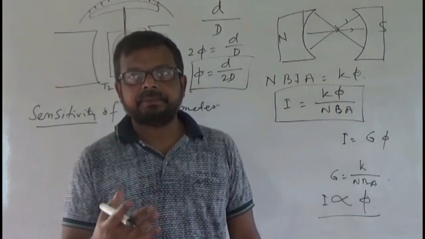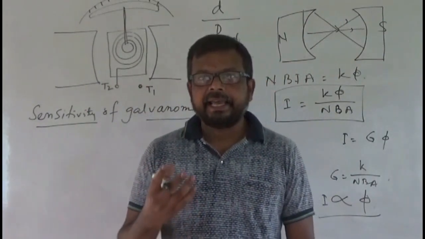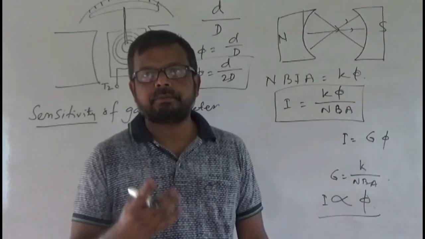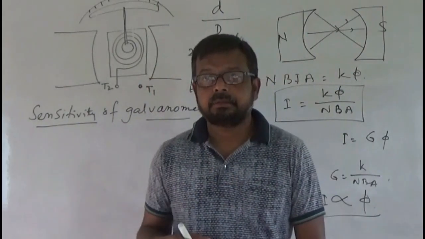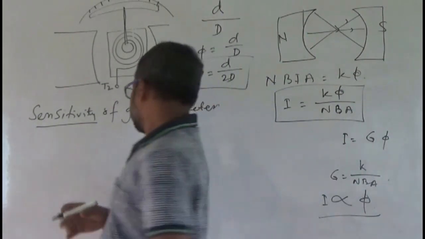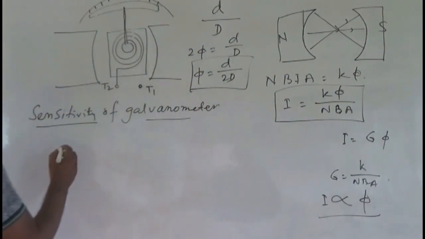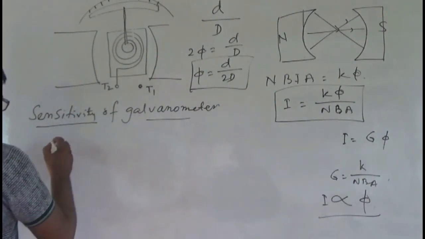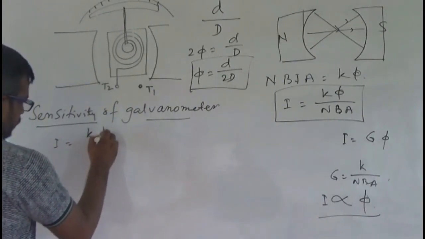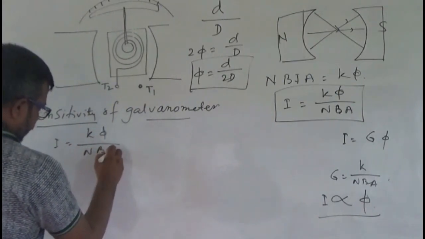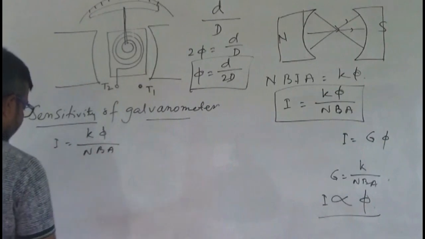The current sensitivity of a galvanometer is defined as the deflection produced in the galvanometer per unit current flowing through it. Now, see here, we have discussed that I is equal to K phi by NBA.